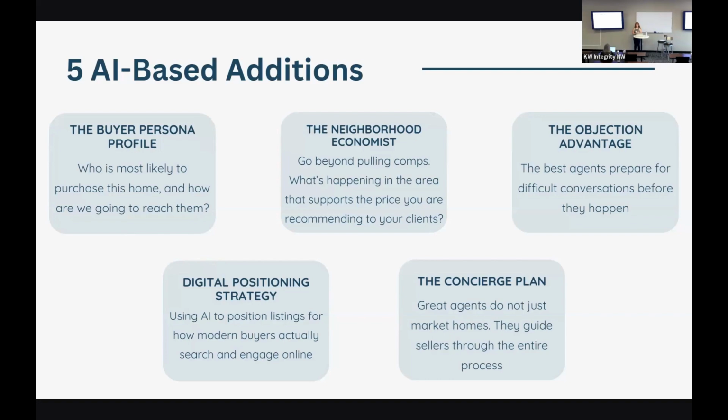That second one there, this really just dives into going beyond pulling comps. So you can put together a CMA, you can pull comps and come up with a price. Your potential sellers may disagree with it because that is just what they do. They think that they know better than the agent. But I like this one because it is giving you more authority, and instead of just saying, here are what other things are going for, that's why this is what your house should be, you can really tell a story about the neighborhood in general.